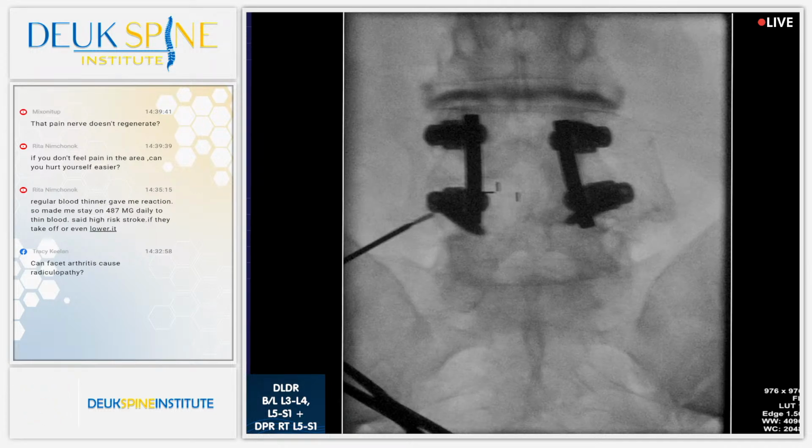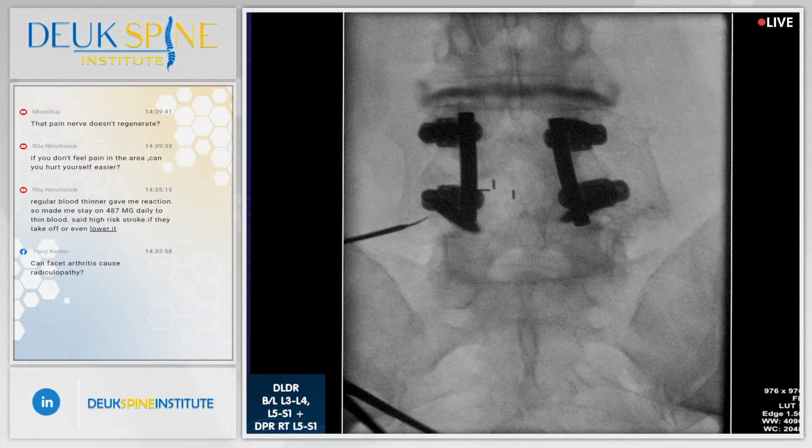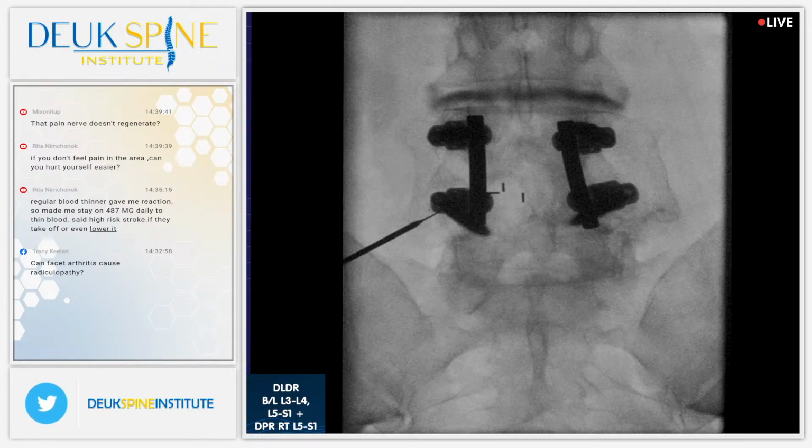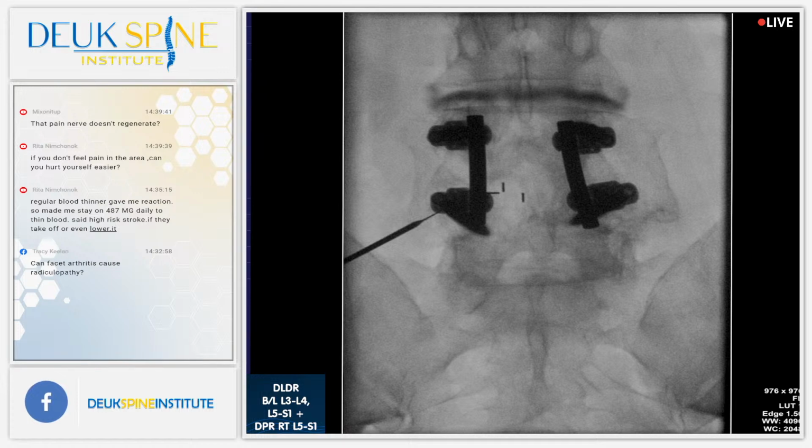It's very deep. It's the top of the TP. In the area, I feel bone. Shot. Just above where I want to be. Shot. Dr. B, we have about 2 minutes left.